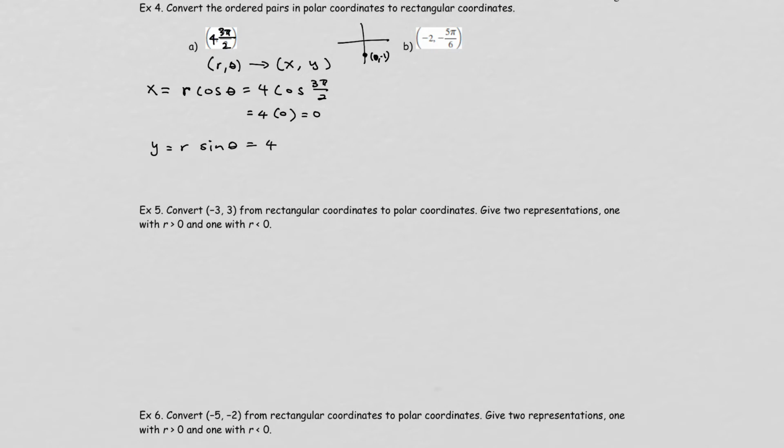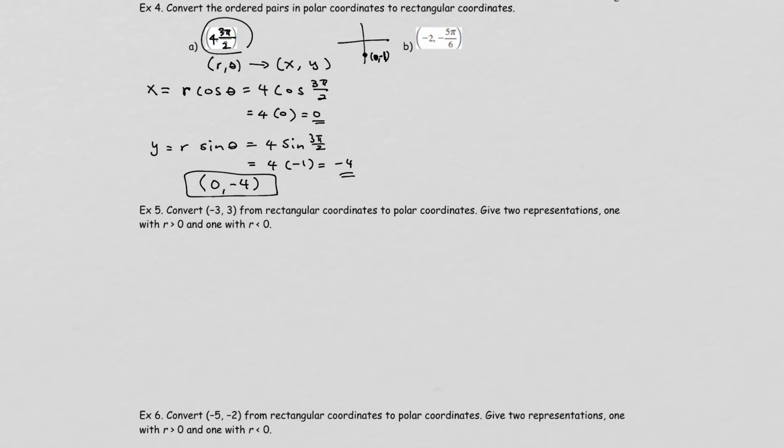So it will be 4 times sine 3 pi over 2, which is 4 times negative 1. Remember, sine is the y value, negative 1. And this is going to give you negative 4. So converting this polar to rectangular, you're going to get 0 and negative 4.